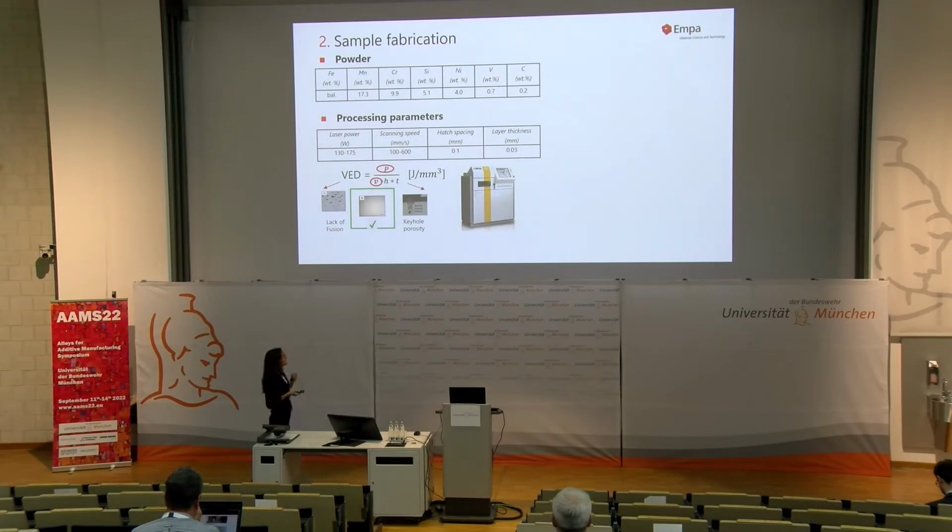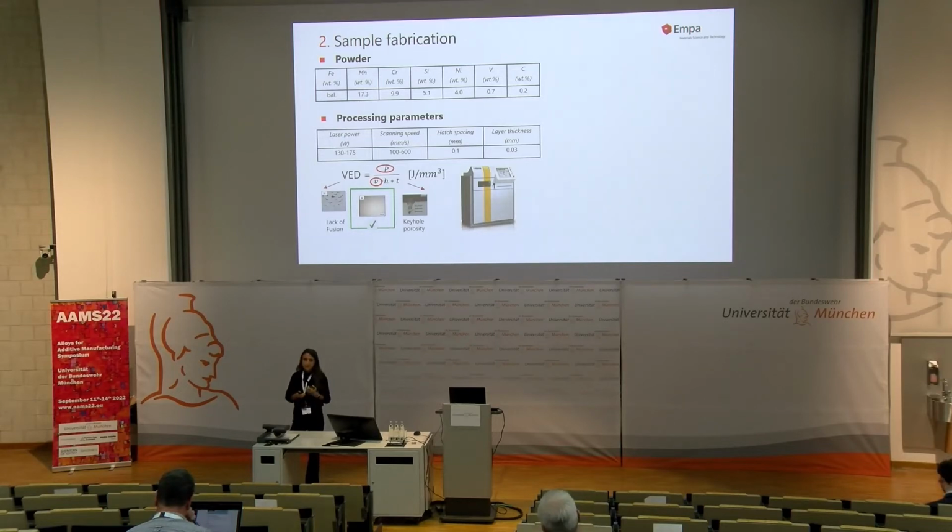Already at this first stage, we start realizing that this is maybe a perfect material for microstructure control. So we are probably working with the right alloy to exploit the possibility of microstructure manipulation offered by laser powder bed fusion.